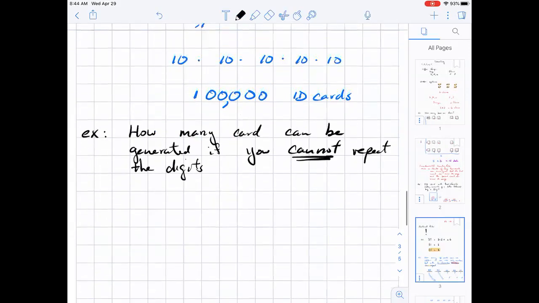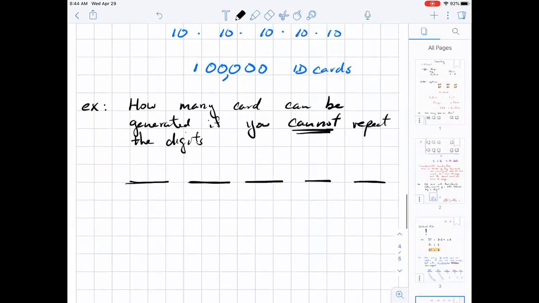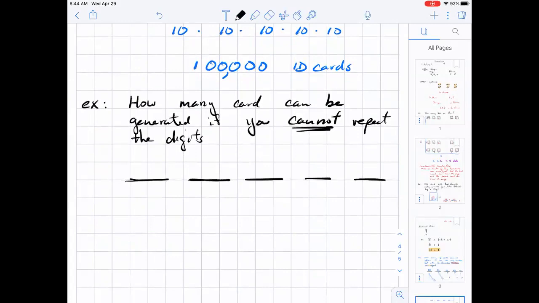So what we're really saying is that you still have 5 slots, 1, 2, 3, 4, 5. In the first scenario, you could pick 0 through 9. So you still have 10 here.